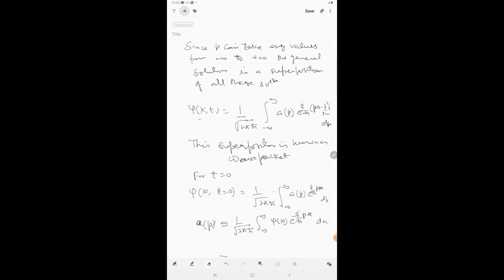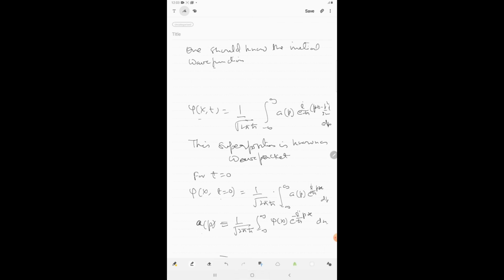So what I said is that one should know the initial wave function ψ(x), then by knowledge of ψ(x) we can calculate A(p), and once we know A(p) we can put it into ψ of x,t and get the more general solution of the Schrödinger equation for a free particle.